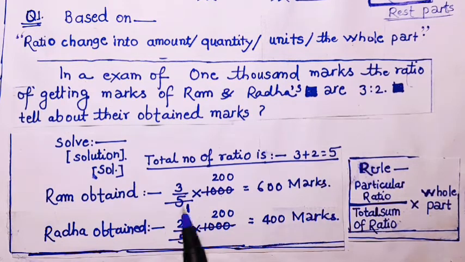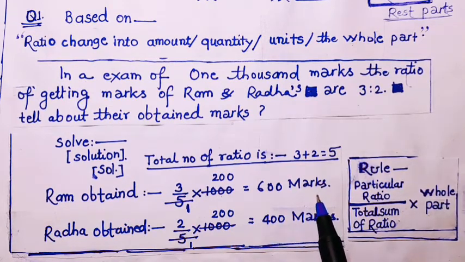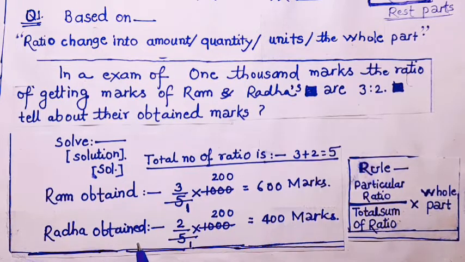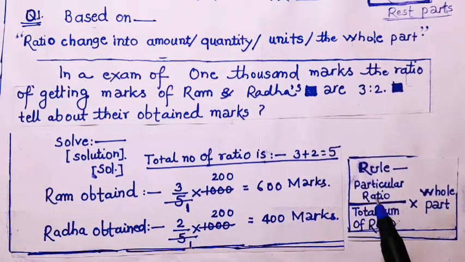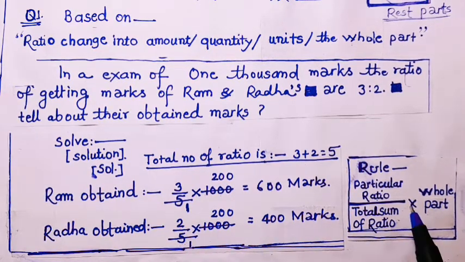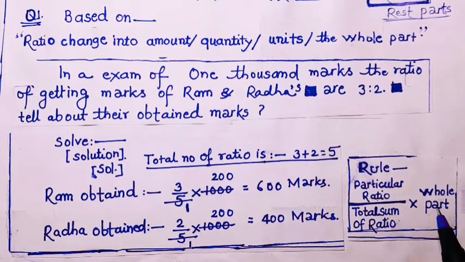So Ram obtained 600 marks and Radha obtained 2 by 5 into 1000. 2 is the particular ratio of Radha and 5 is the total sum of ratio into whole part.